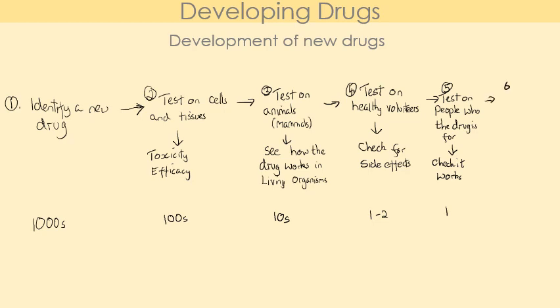Our last stage, we do large clinical trials. And our large clinical trials are there to check that the drug works better than existing drugs, to check for the right dose, and to check that we are happy with it and any regimes we might need to go on.